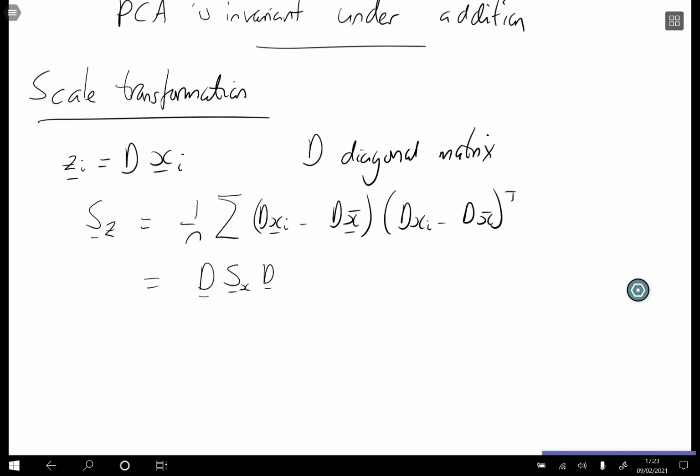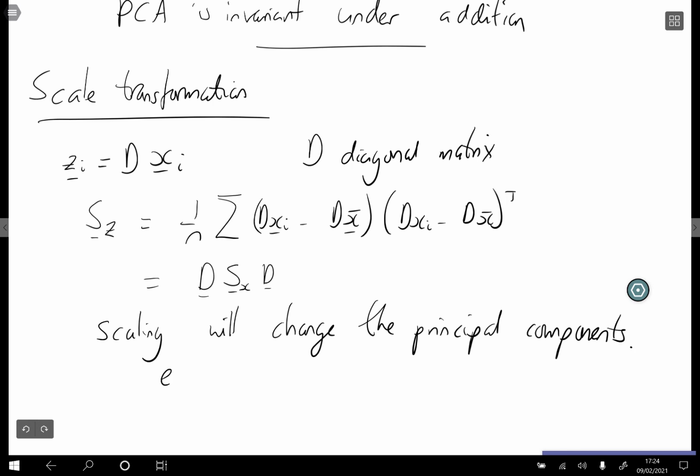So the eigenvectors of the covariance matrix for z will be different to the eigenvectors of the covariance matrix for x. So scaling will change the principal components.